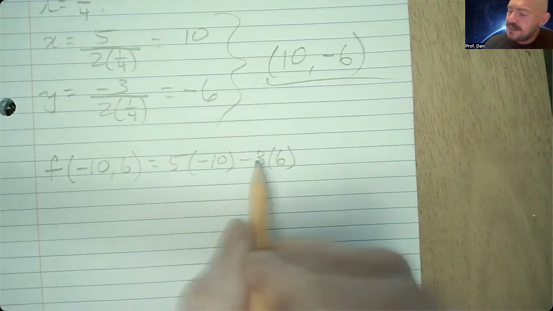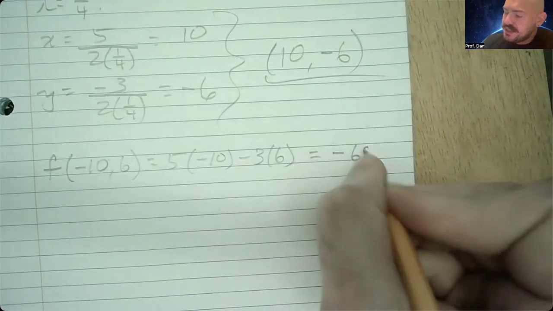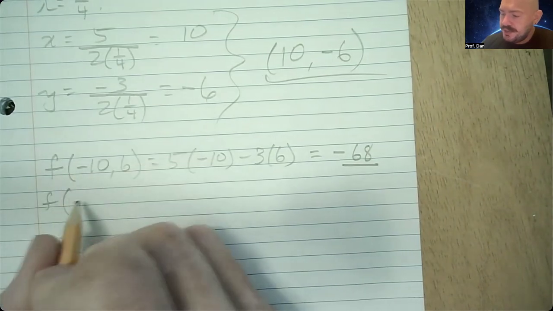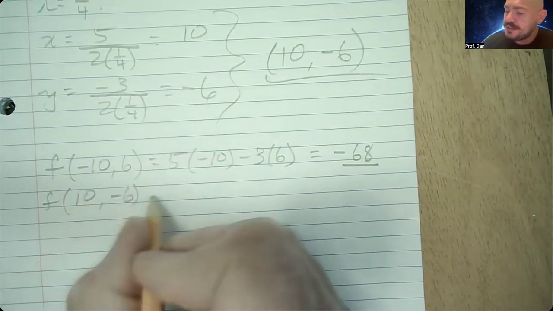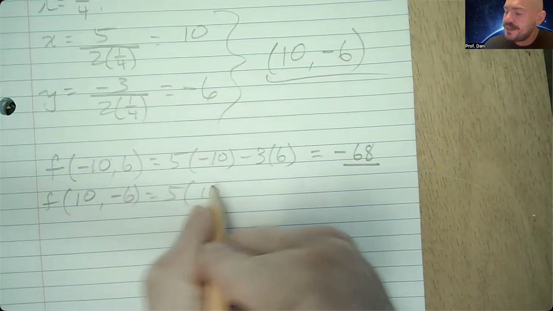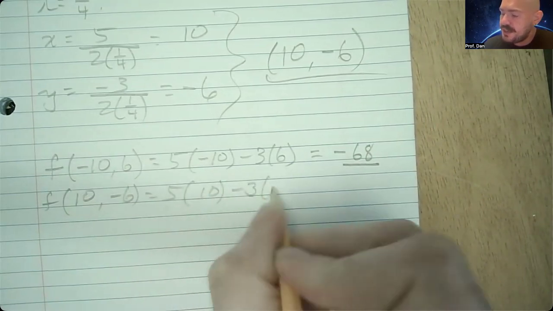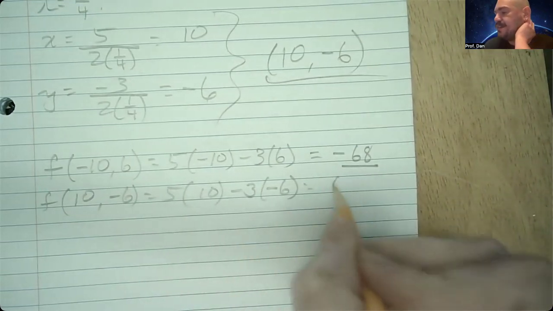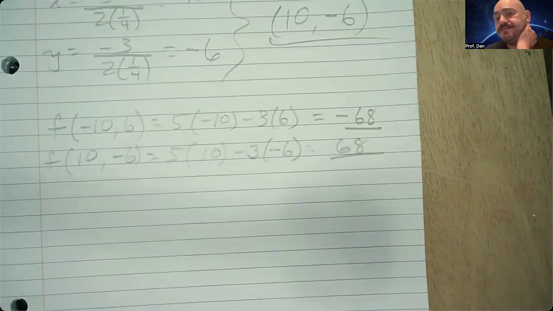So -50 minus 18 gives me -68. Now doing the other one, (10, -6), we have 5 times the X coordinate minus 3 times the Y coordinate. So that's going to be 50 plus 18, which gives me +68.